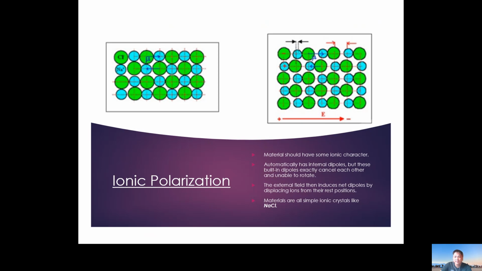Ionic polarization needs a material that should have some ionic character. So what does this ionic character mean? Ionic particles are brittle when solid, and ionic solids are good insulators in solid form but become good conductors in a liquid or dissolved form.